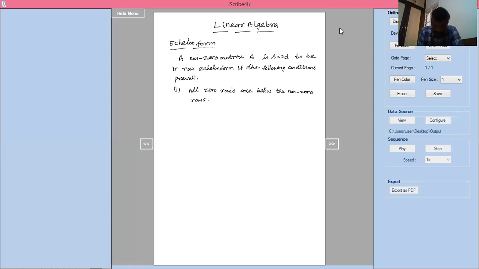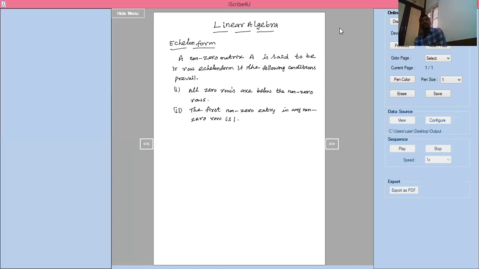Second condition: the first non-zero entry in any non-zero row is 1.